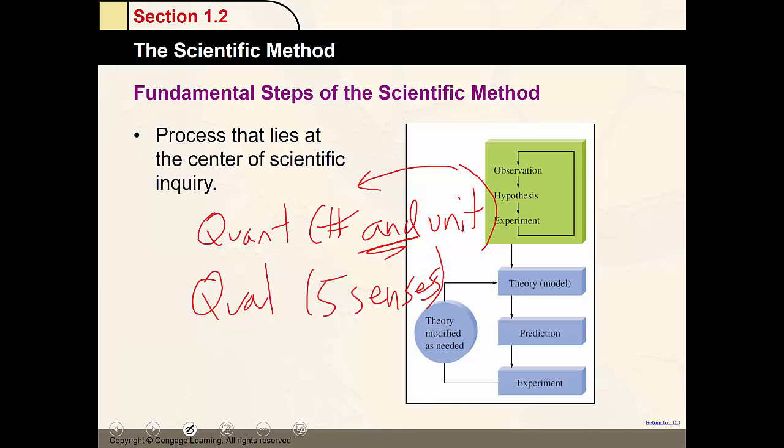So whenever doing an experiment, just like you did for this past one, it's important that you write down all of your observations, whether they be numerically based, quantitative, or observations that you make with your naked eye, those that are qualitative.